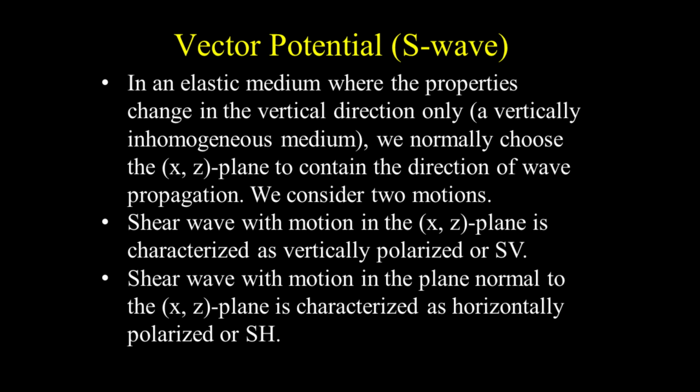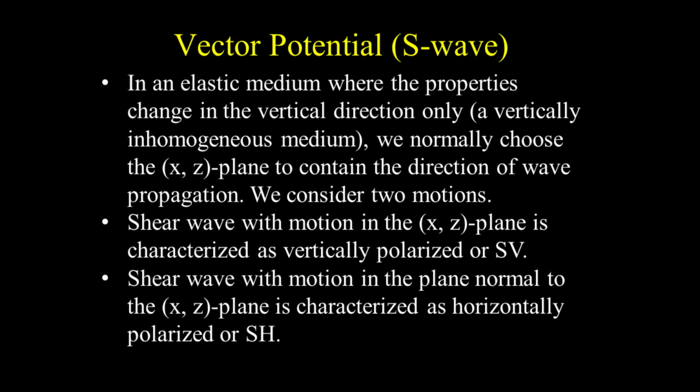One motion is in the xz plane, which contains the direction of wave propagation, and the other motion is normal to the xz plane. Shear wave motions in the xz plane are called vertically polarized, or SV, and shear waves normal to the xz plane are characterized as horizontally polarized, or SH.